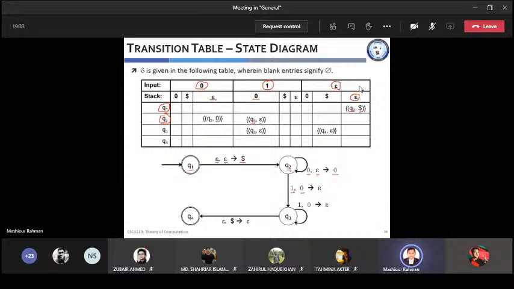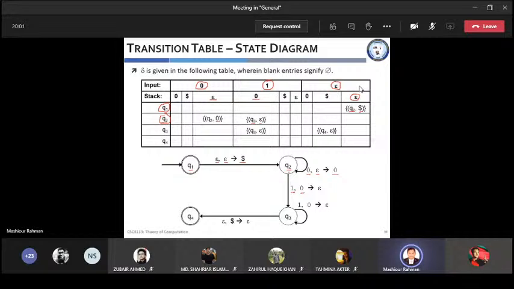From Q2, for 0, we exactly know where we need to go. For 1, we exactly know where we have to go. From Q3, once the zeros are complete, we know that no 0 will be happening. After 1, if there is 1, we exactly know where it will go, and if there is no 1, we also exactly know where to go. That means each and every step here is deterministic.